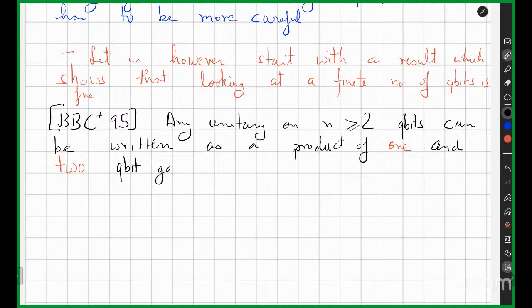Right now I'm saying arbitrary 1- or 2-qubit gates, but in fact the reverse is more useful. In fact, the only 2-qubit gate required is CNOT.